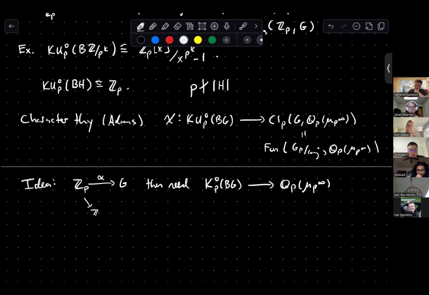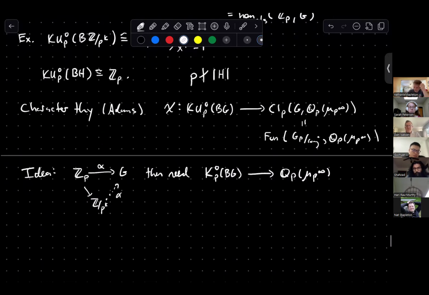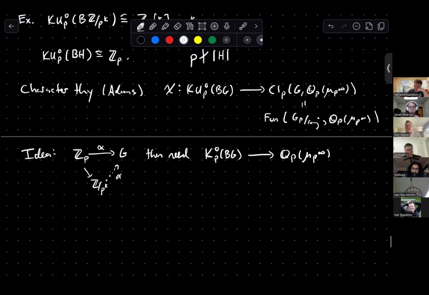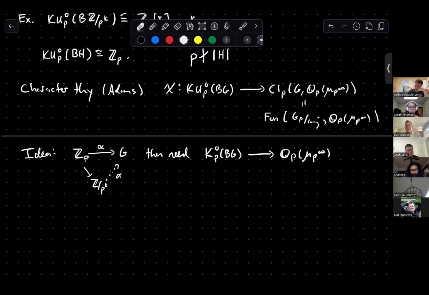This factors through Z mod p to the k for some k, and I'm going to call this resulting map alpha again. And I'm just going to apply p-adic K-theory to alpha.